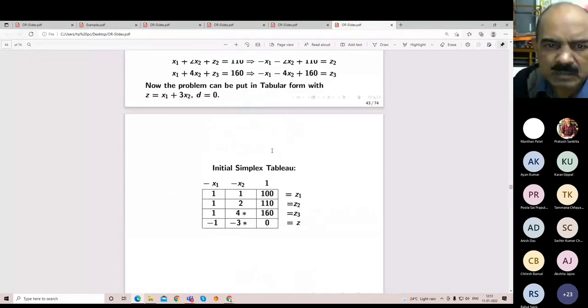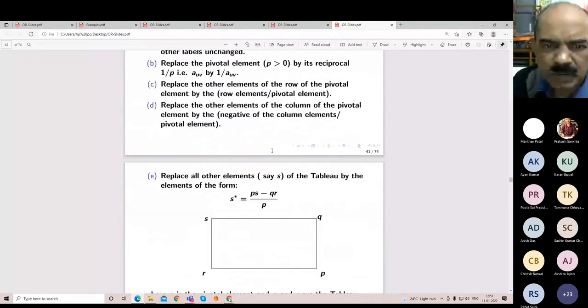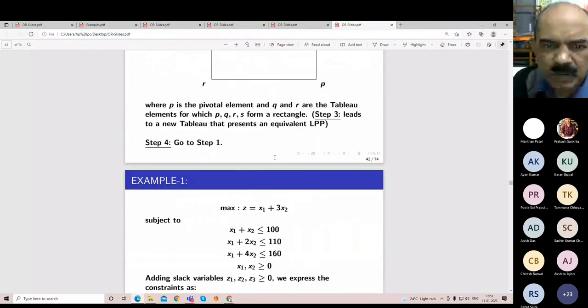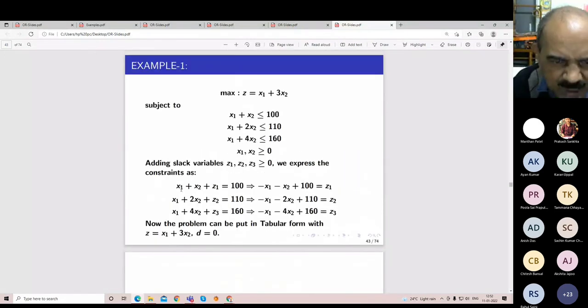Now let us verify in the problem. We have here the constraints: x1 plus x2 plus z1 equal to 100. What is x1? x1 equal to 60 and x2 25. 25 plus 60 is 85, z1 15, so total equal to 100.